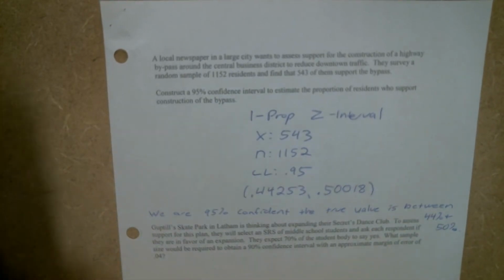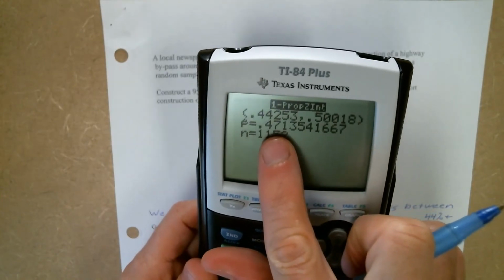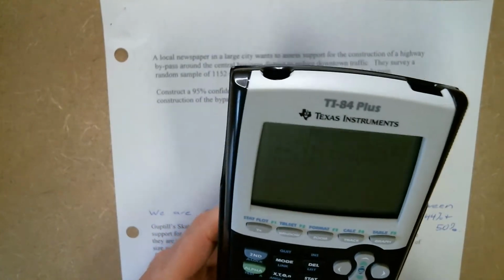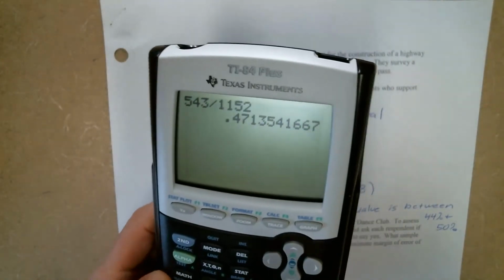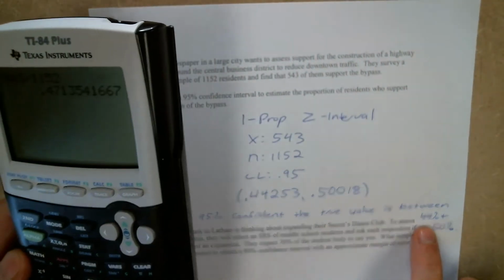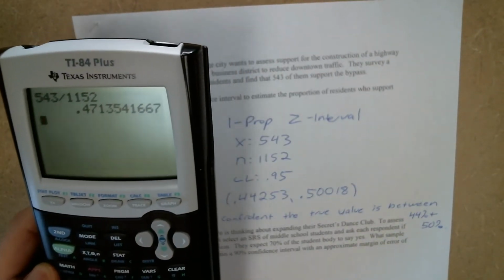Again, the sample result was 47%. That's the middle of our interval. That's our sample result, the 543 divided by 1152. But we have to go above and below that to come up with our interval. And our interval stretches down to 44 and goes up to 50%.